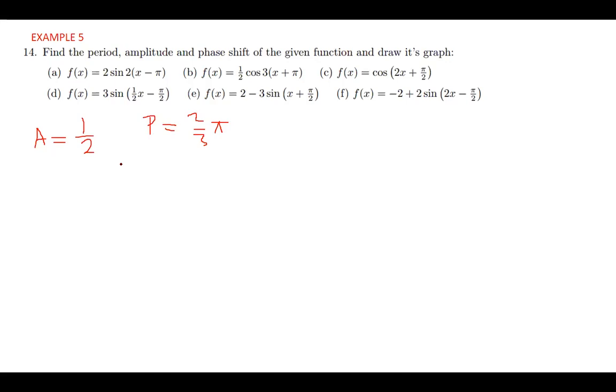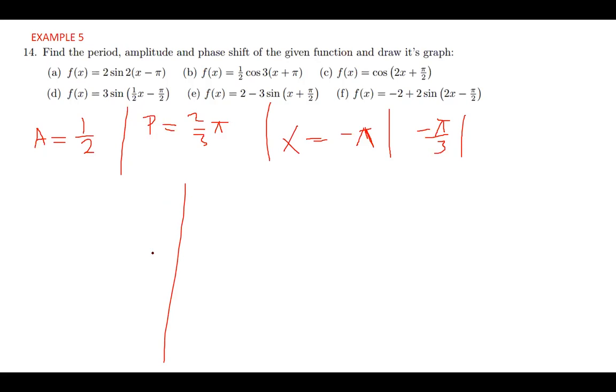Then our starting point was negative pi, and our end point was negative pi over 3. I made a mistake and erased everything at once. So let me now go straight into sketching the graph.